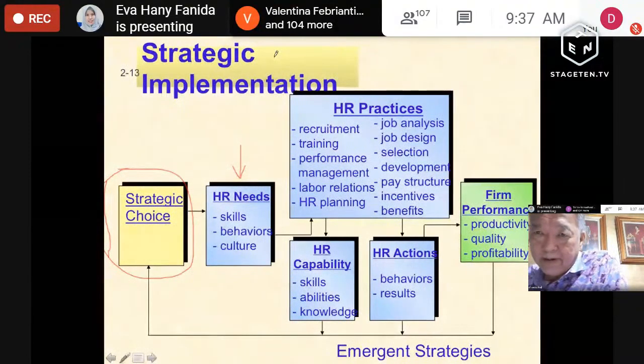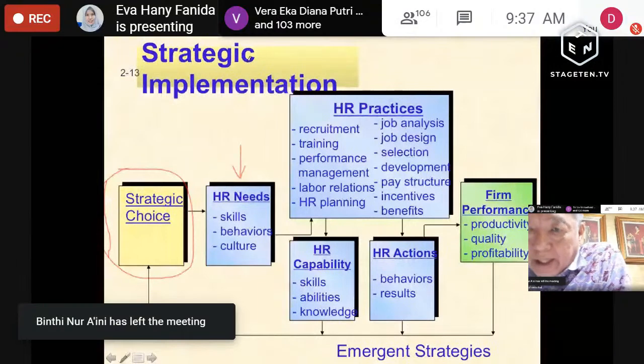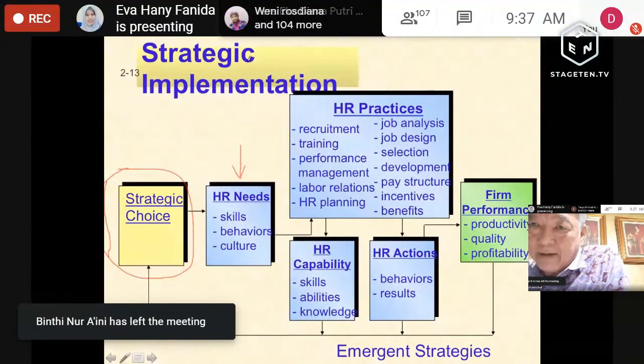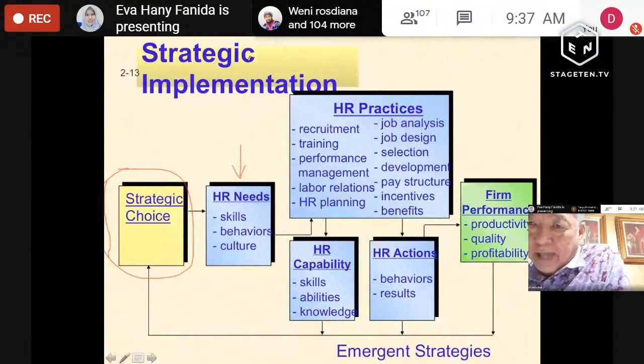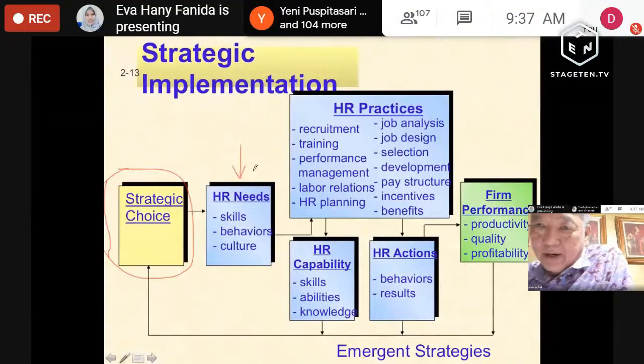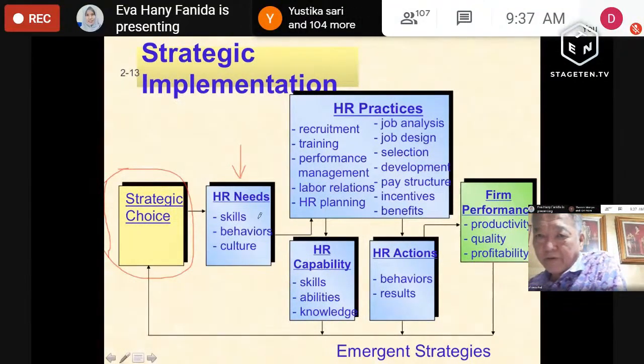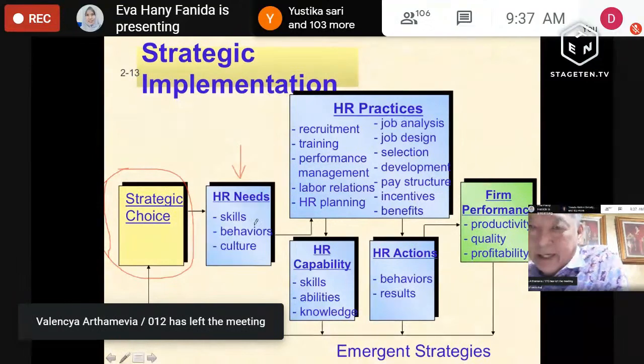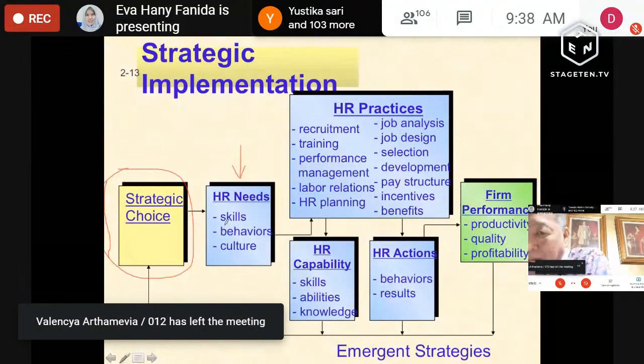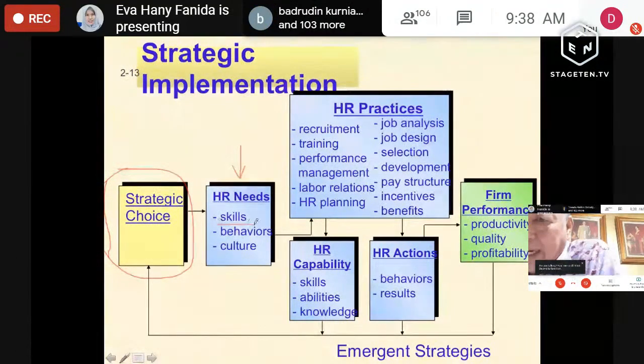We will talk in general, in concept, about what kind of people we need. There are three things we need. The first one, what kind of skill we need. The second one, what kind of behavior we need. And the third one, what culture we need.